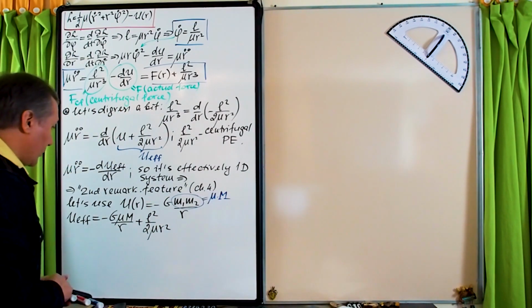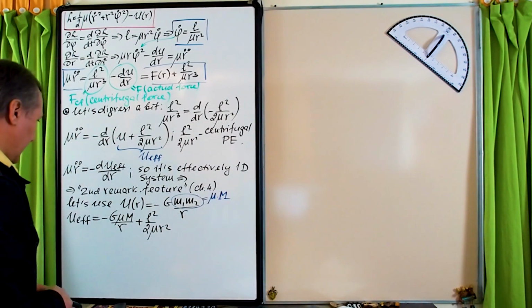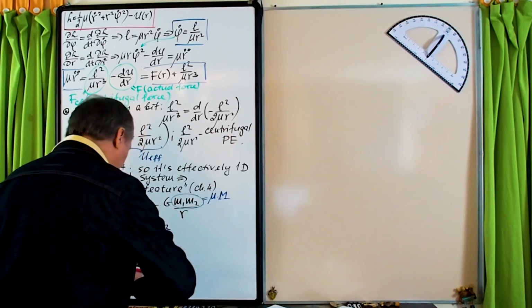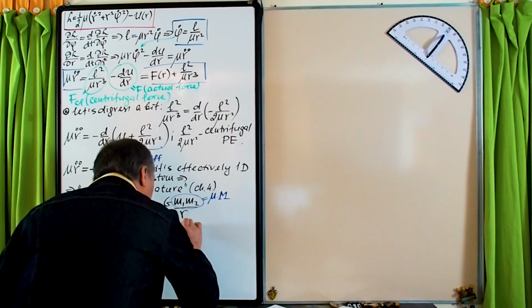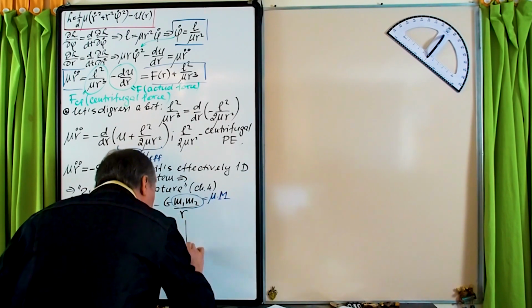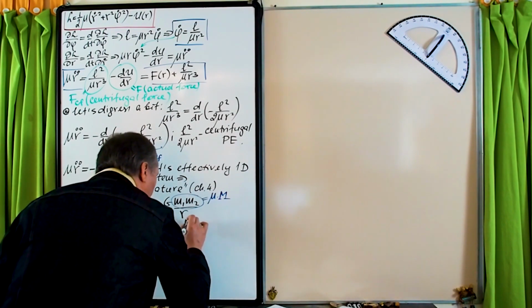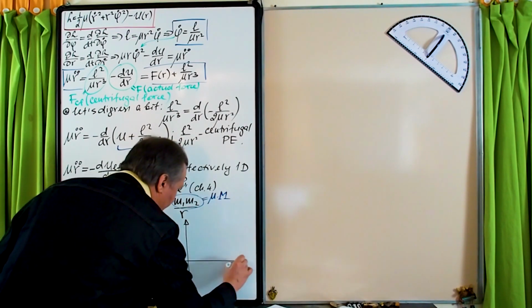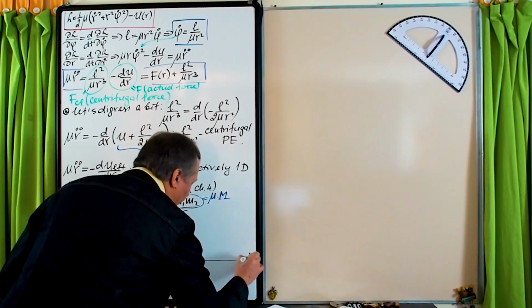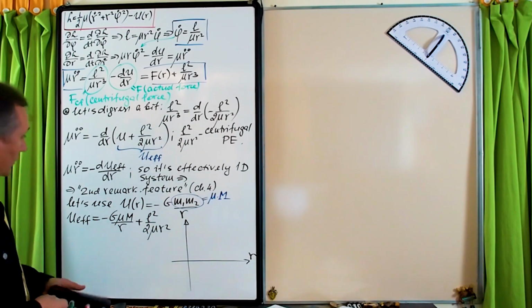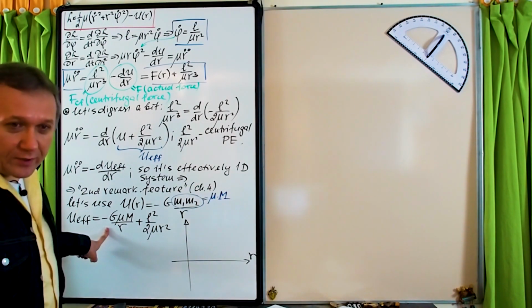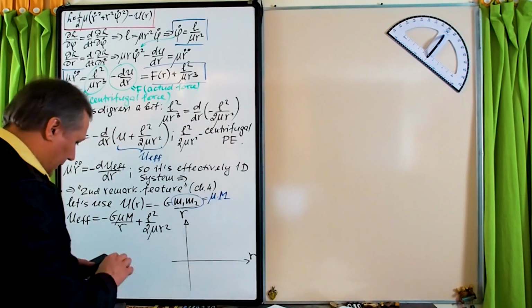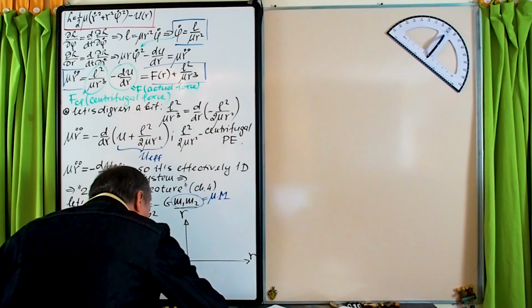And so now if you plot it, I think I will be able to fit. At least I will try. So let's say this is energy, then this is R, and so this is negative potential energy. If you plot it, of course, it will go something like this. Let me use blue.